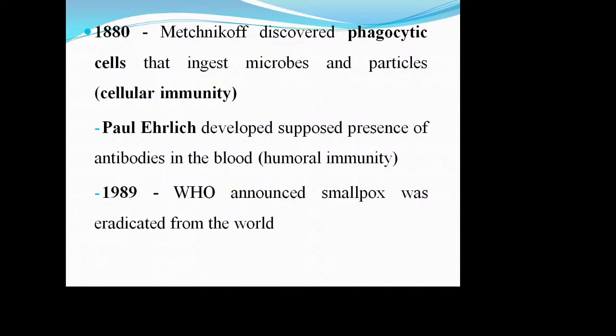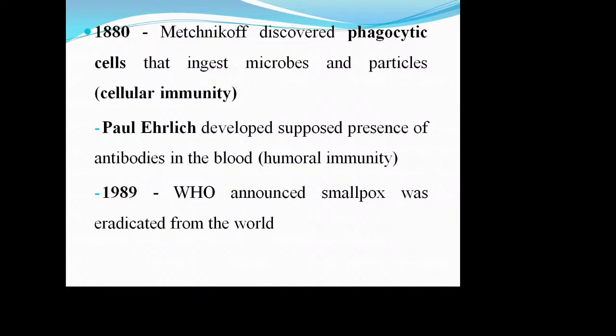Both Mechnikov and Paul Ehrlich were right in their works, because there are two parts of immunity in our organism: one is cellular, and the other is humoral immunity.